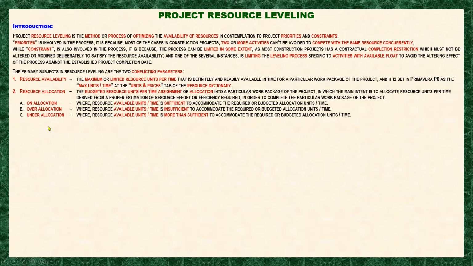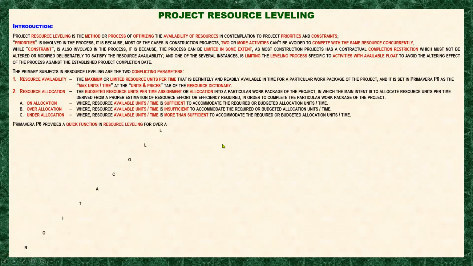So you can use 5 on your activity or work, and the other 5 will be standby, or you can utilize them in other activities. So that means when you run the leveling, the other 5 will be relocated into the other activities with the same resource.